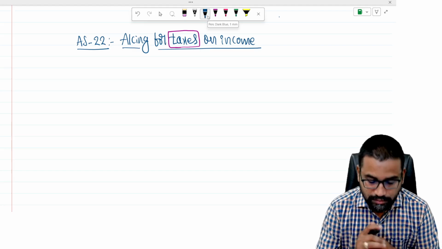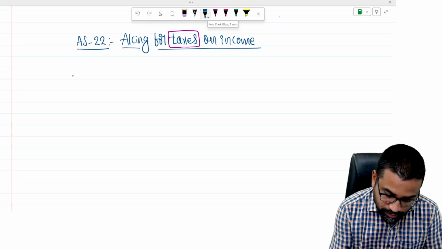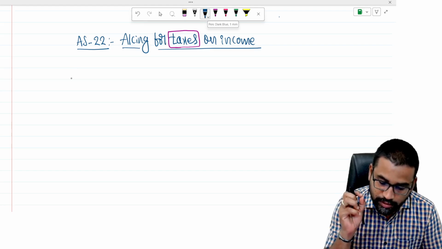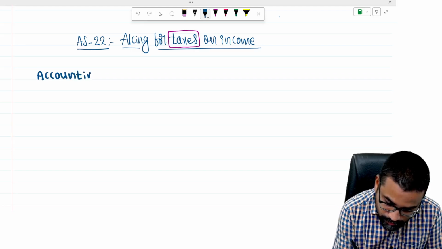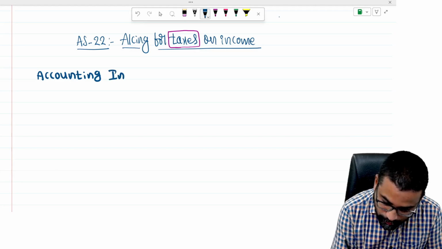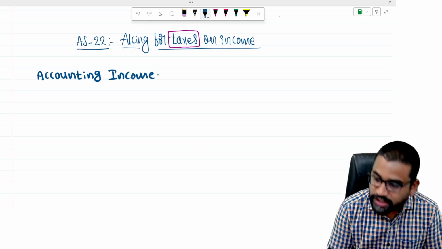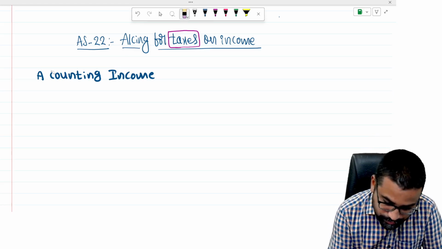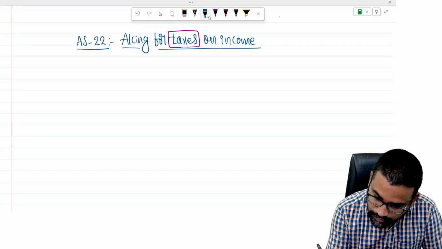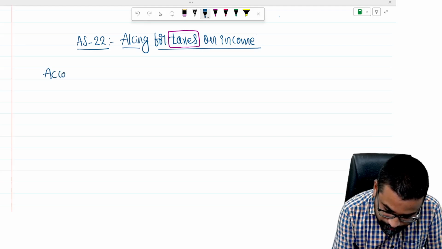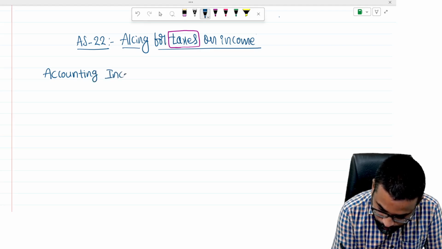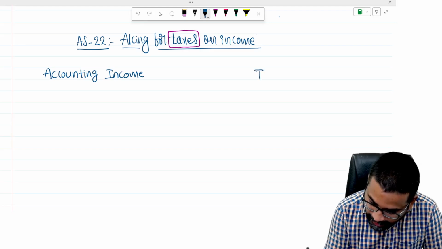See, there are two concepts. One is accounting income and taxable income.